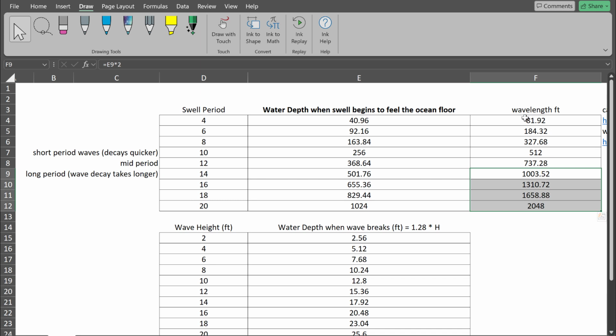Whereas with something that's not as long, it is going to shrink, it's going to decrease, but in terms of the magnitude, from going from 81 to say 60 feet wavelength versus 1,000 feet wavelength down to say 500 or 600 feet of wavelength, whatever the decrease is, the magnitude is much greater when it's longer period, right?